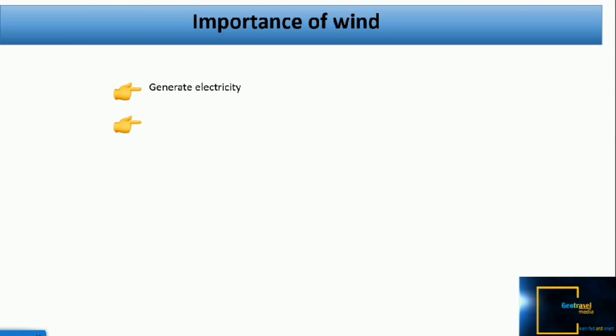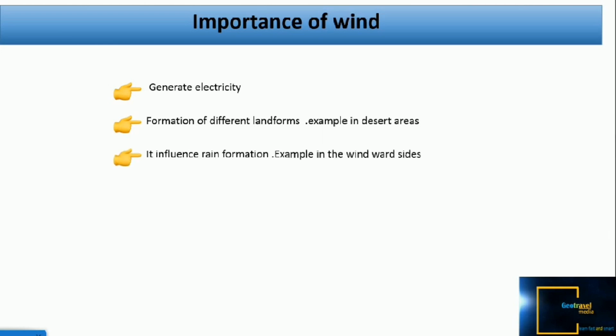Also, wind helps in the formation of different landforms. For example, in desert areas, we might find rock pedestals, zeugens, and yardangs, which are formed as a result of wind action. Also, wind influences rainfall formation, for example, on the windward sides.